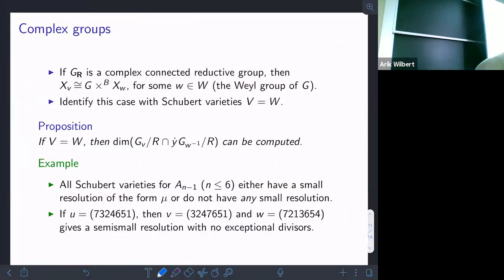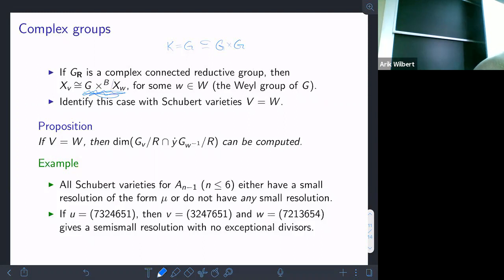Okay, so now I want to talk about this example here. If G is a complex connected reductive group, so now K is the complex group you start with, and then the big group is G cross G. So you're looking at the diagonal copy of G in G cross G. In that case, all of the k-orbit closures you can describe using this quotient that gives you a fiber bundle.